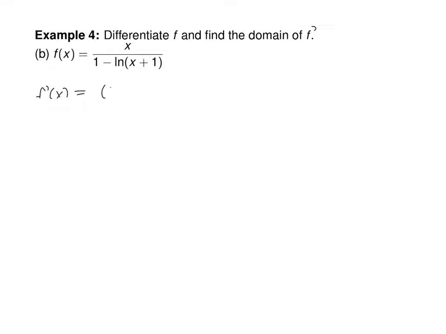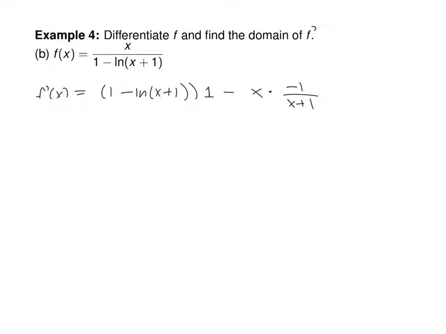So it'll be low d high, which is 1, right? Minus high d low. Okay. Well, the 1's derivative is 0, right? The other stuff will be negative 1 over x plus 1.